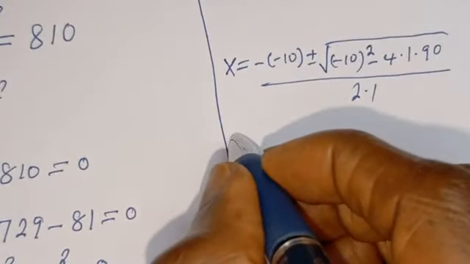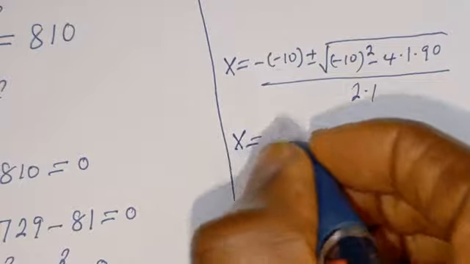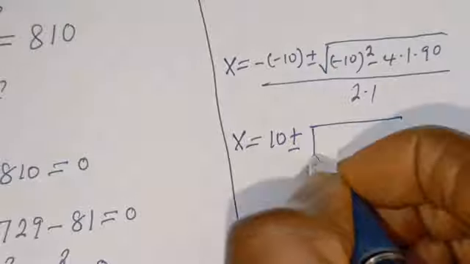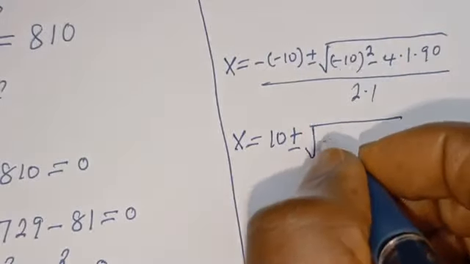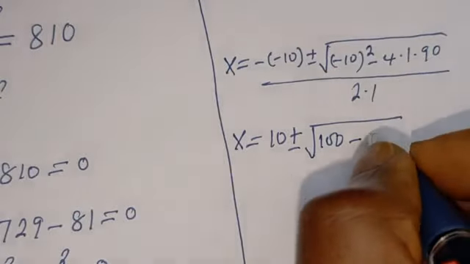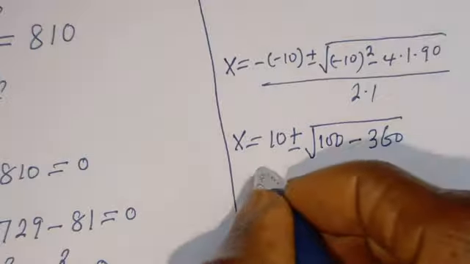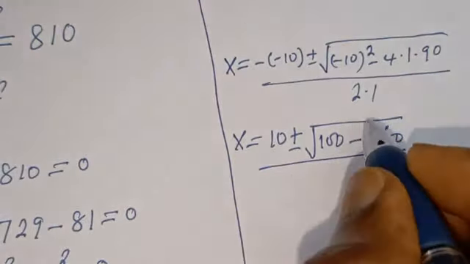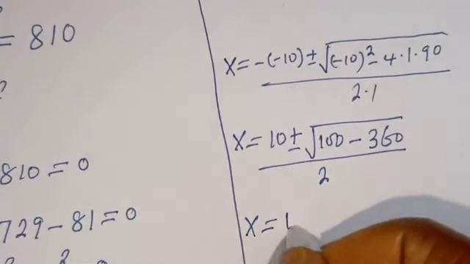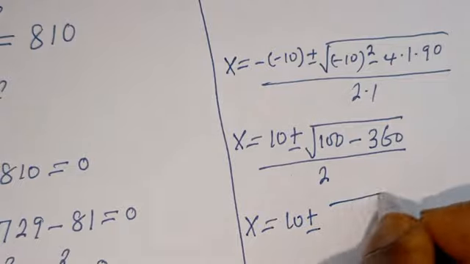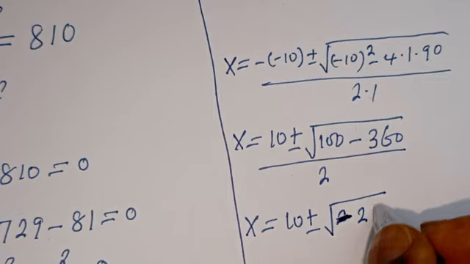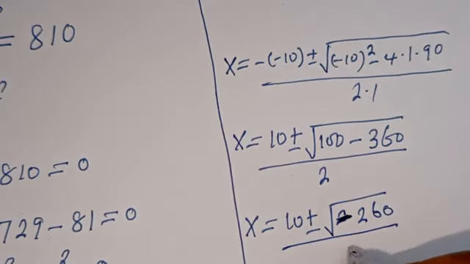Then s is equal to minus times minus 10, that is 10, plus or minus square root of minus 10 squared, that is 100, minus 4 multiplied by 1 multiplied by 90, that is 360, divided by 2 multiplied by 1, that is 2. s is equal to 10 plus or minus square root of 100 minus 360, that is minus 260, divided by 2.